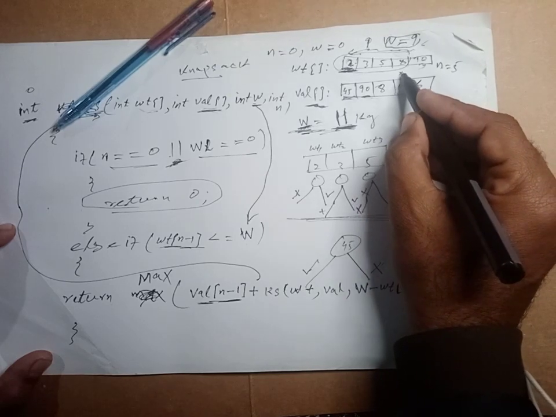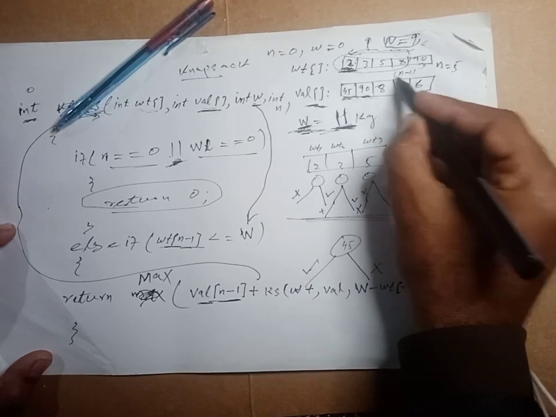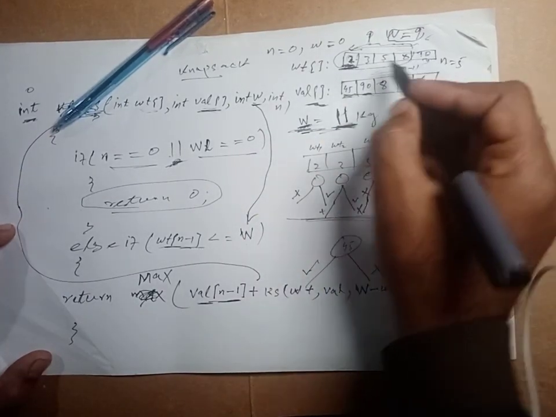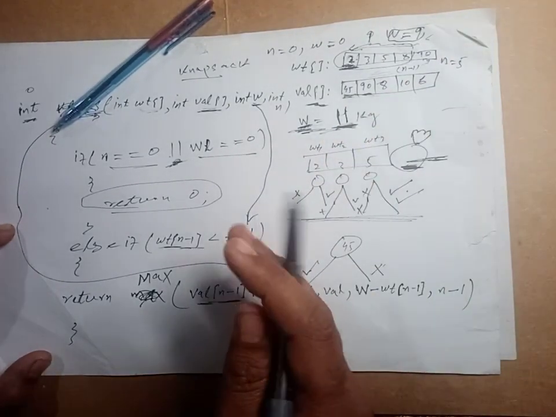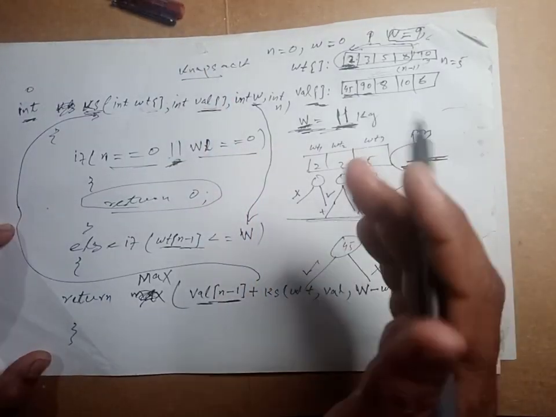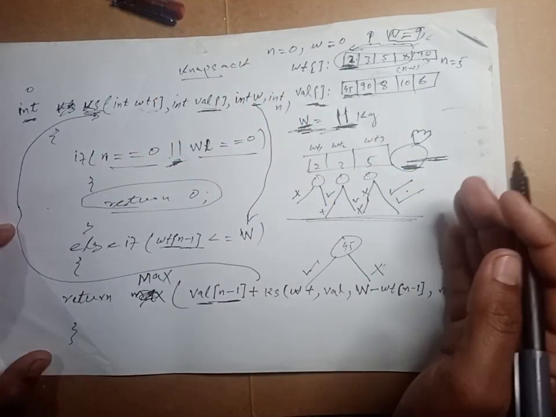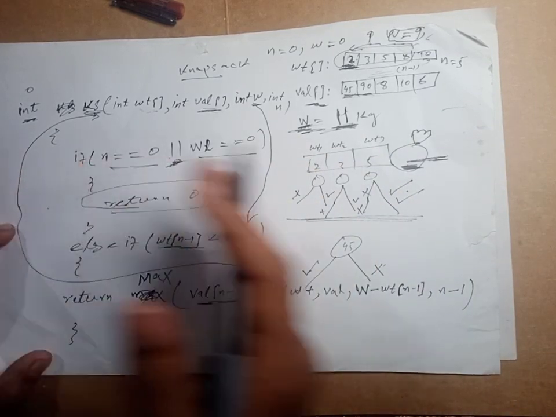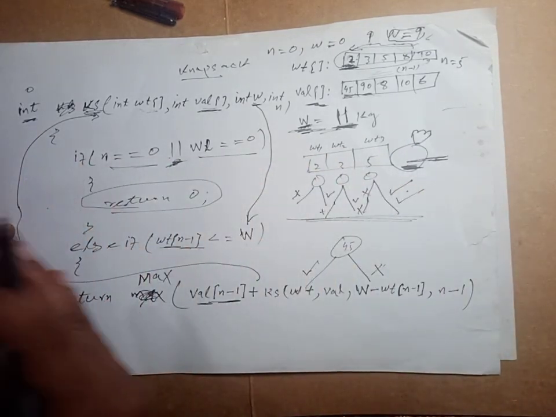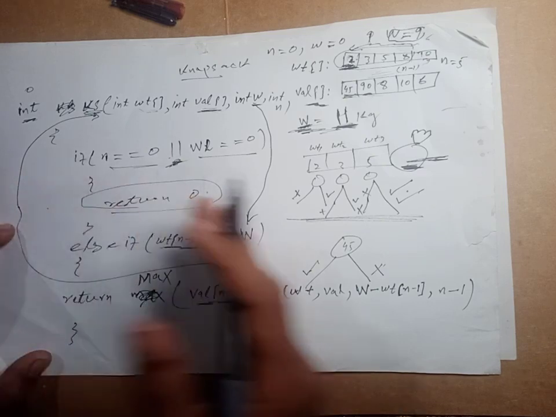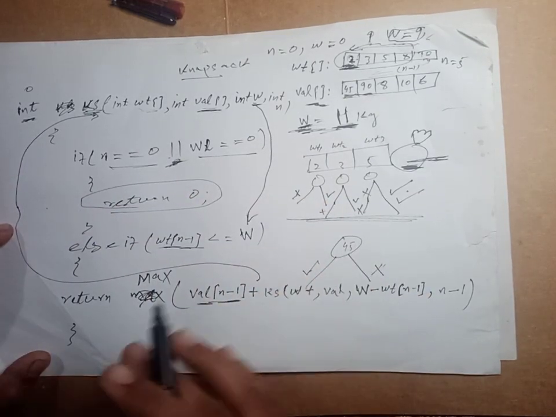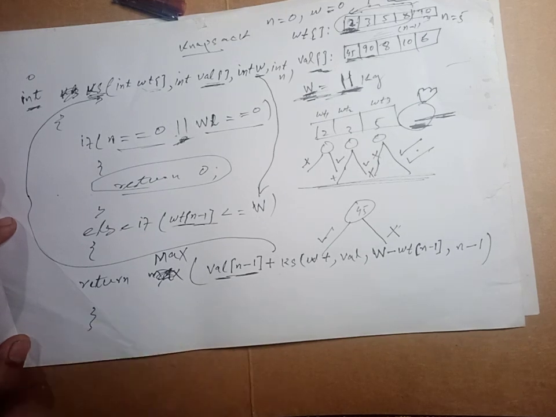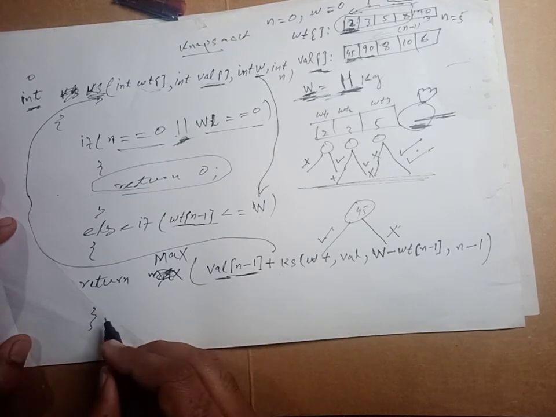So we have to calculate for n minus 1. The 10 has gone. In recursion, we always start from the bottom up, from the end point to the starting point, not from the starting point to the end point. So this is the basic dilemma of recursive calls.